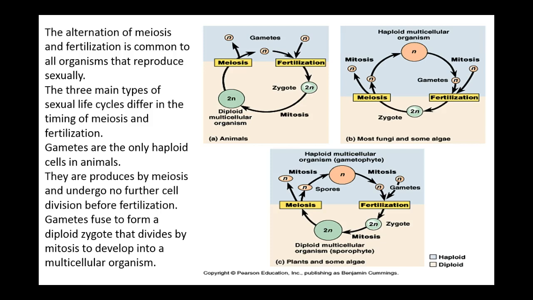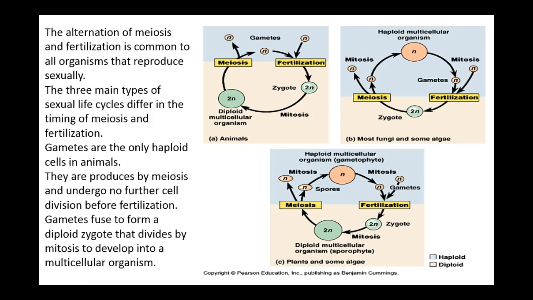That's one variation. A second variation of the animal fertilization process is you have a spore, or some plants and some algae, and you start out with a 1N complement.